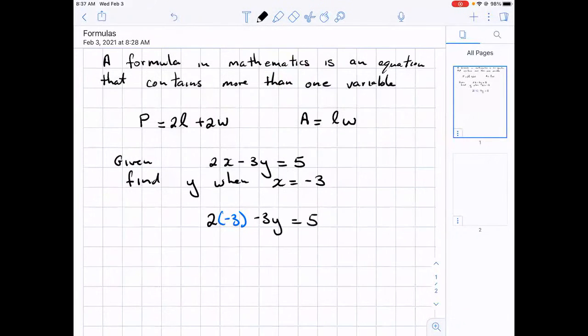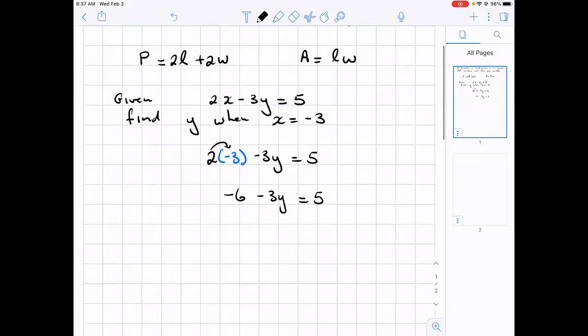And when you do this, you tend to simplify. So now you distribute: 2 times negative 3 will be negative 6, minus 3y is equal to 5. And you will add 6 to both sides since we're going across that equal sign. So negative 6 plus 6 cancels out, and minus 3y is equal to 6 plus 5, which is 11.